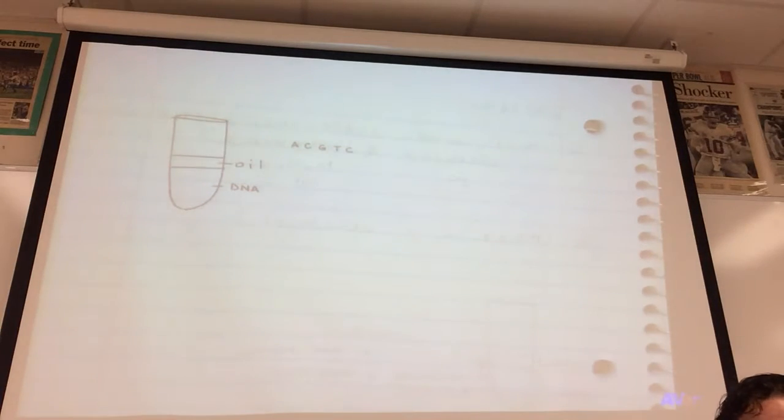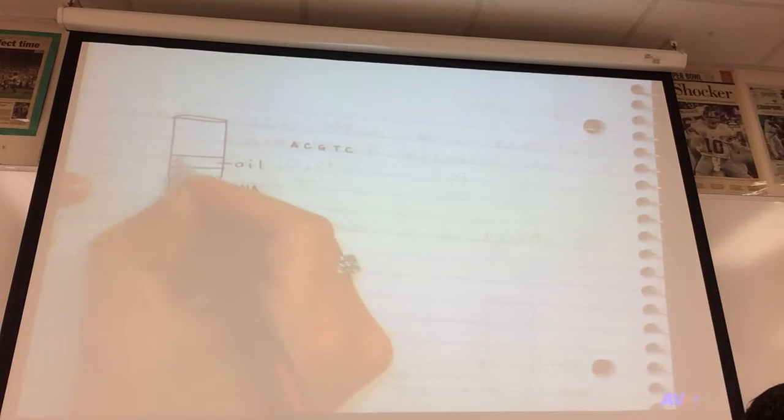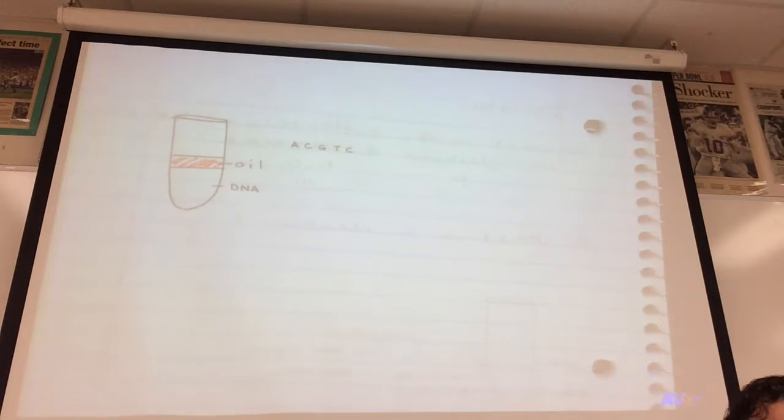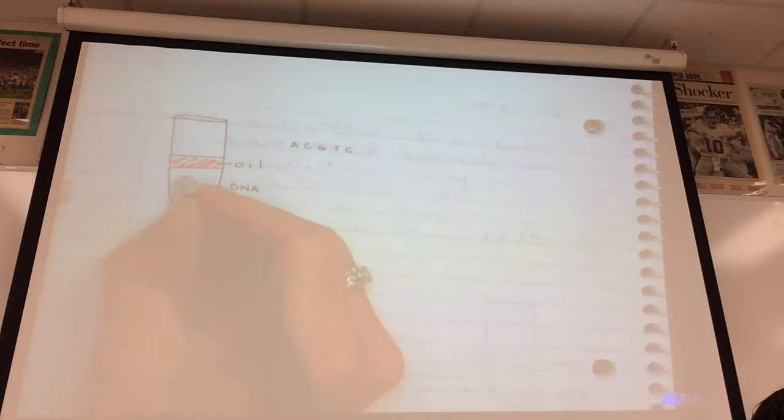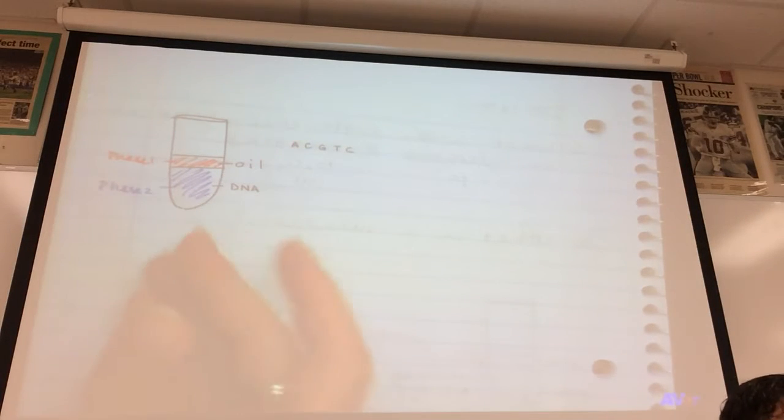And what happened here, especially if they were colored differently, you can see distinct phases. So this would be one phase, and this would be another phase. And when you can see these layers or phases, you have a heterogeneous mixture.